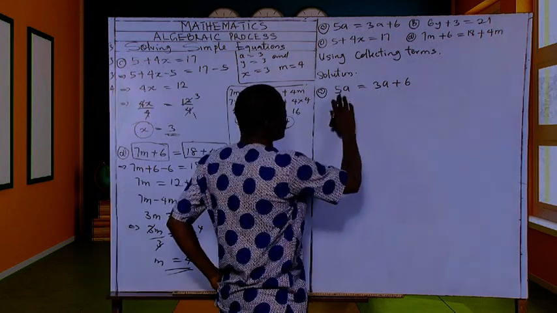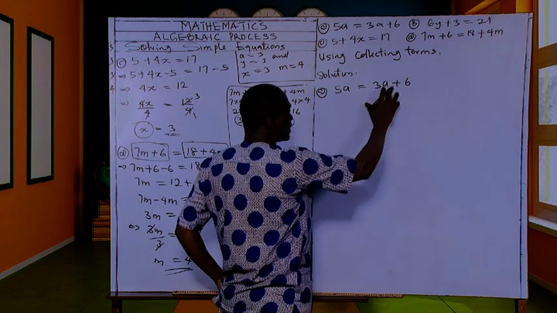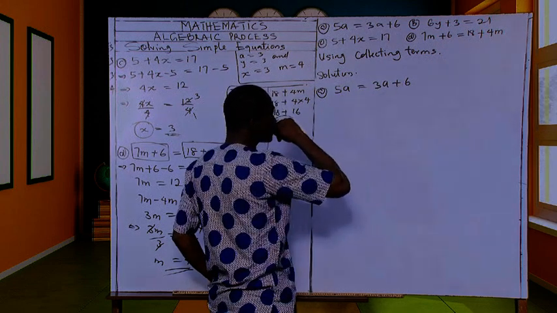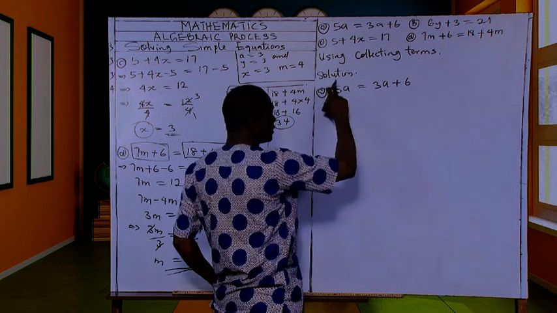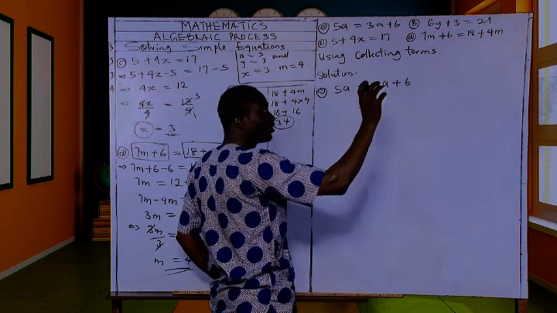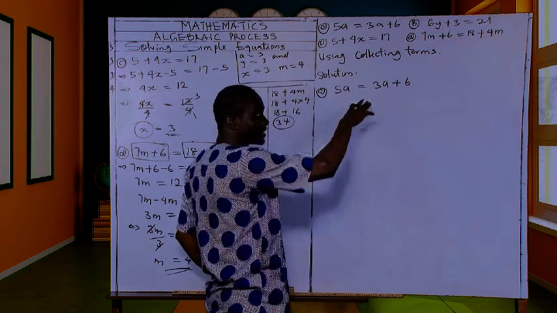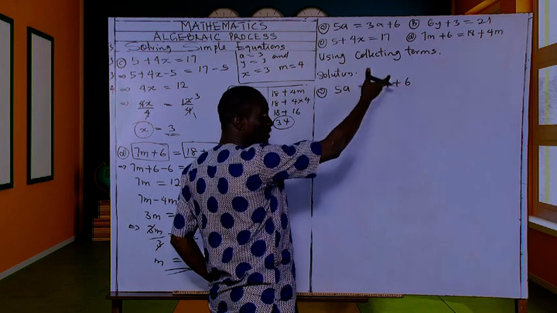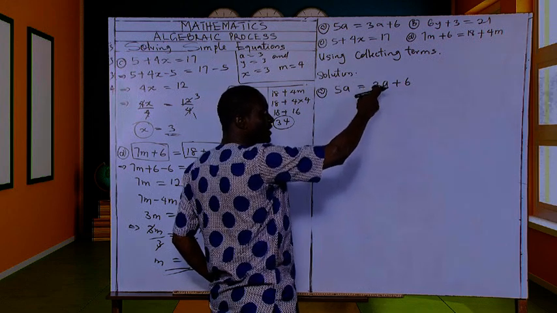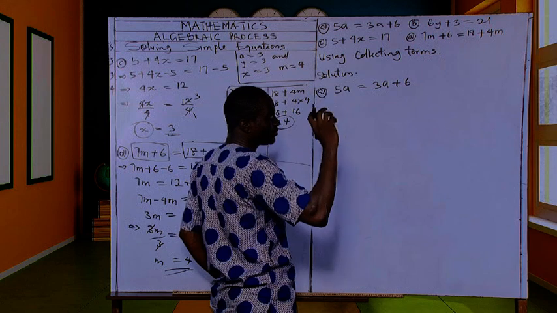Now we have 5A equals 3A plus 6. We want this 3A to be on this side because 3A is positioned in the wrong place, as it is not an absolute term.